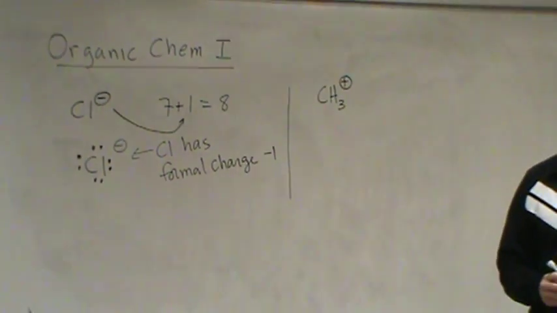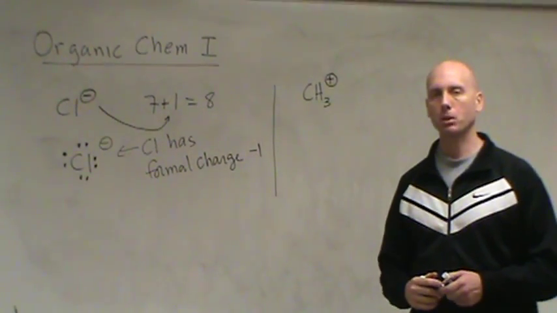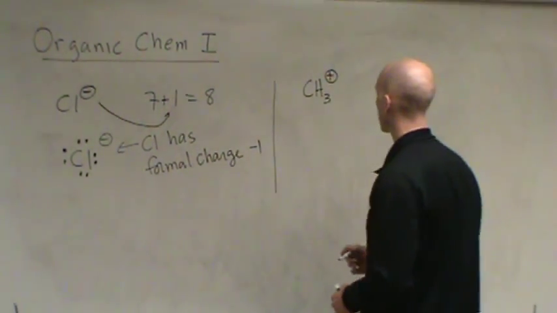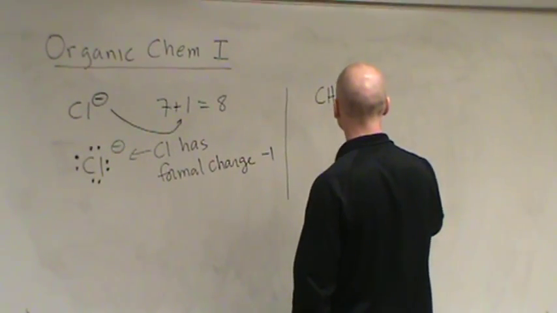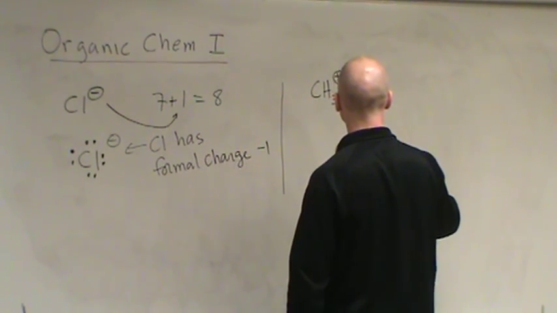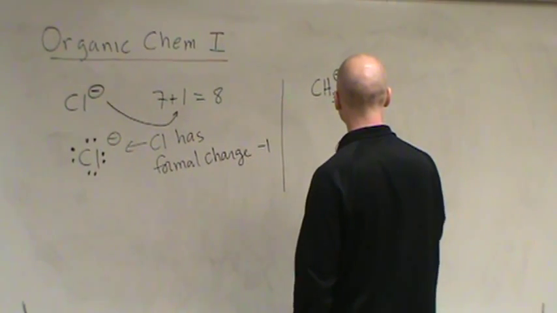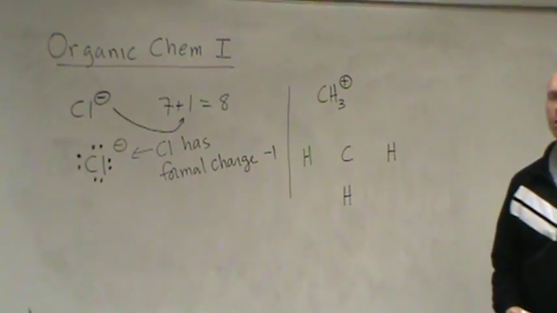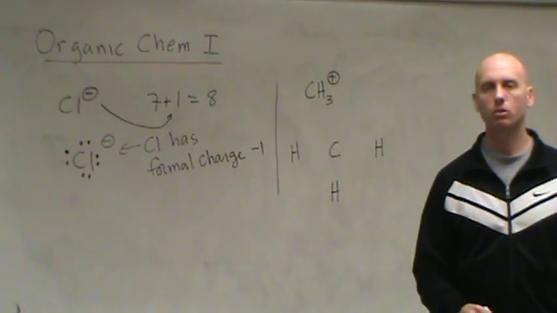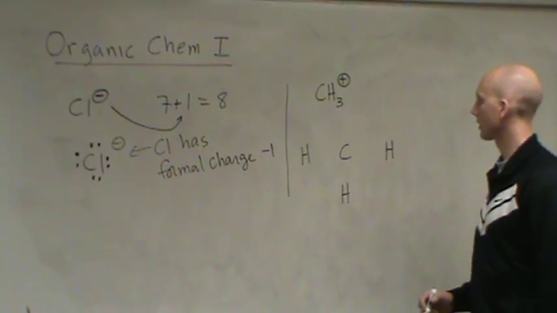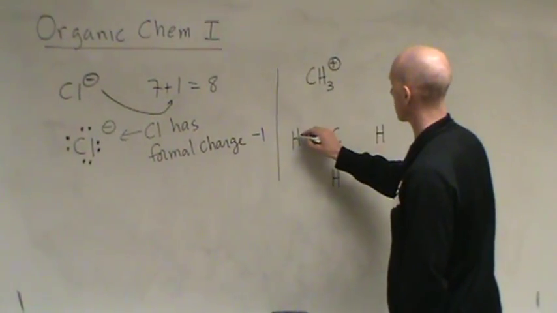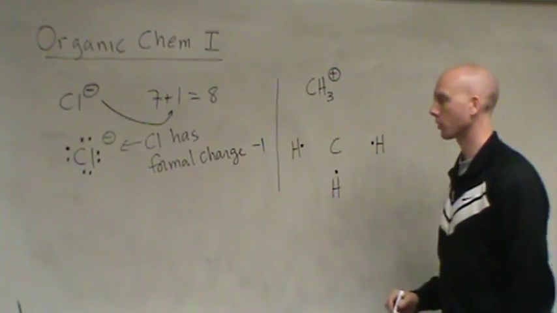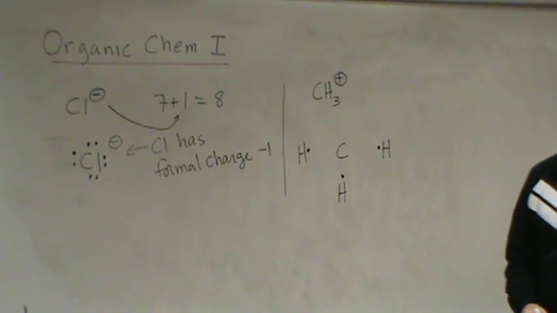Let's, for example, look at CH3+. Okay? So here, let's draw our atoms out. Let's put our valence electrons. Hydrogen has 1 each.